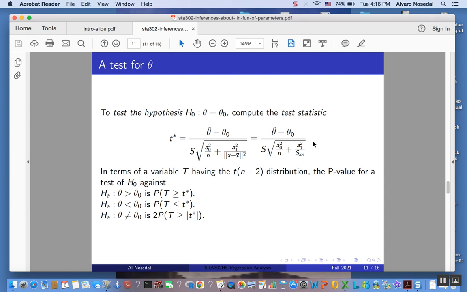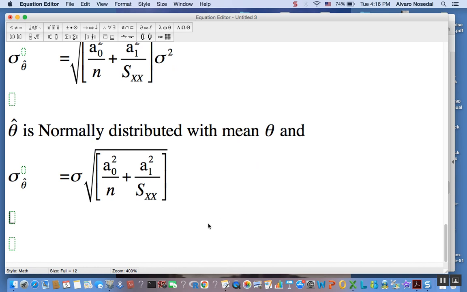The numerator must be a normal 0, 1, and then in the denominator you are dividing by the square root of a chi-square divided by its corresponding degrees of freedom. Okay? So let's try to justify that t star has a t distribution with n minus 2 degrees of freedom.